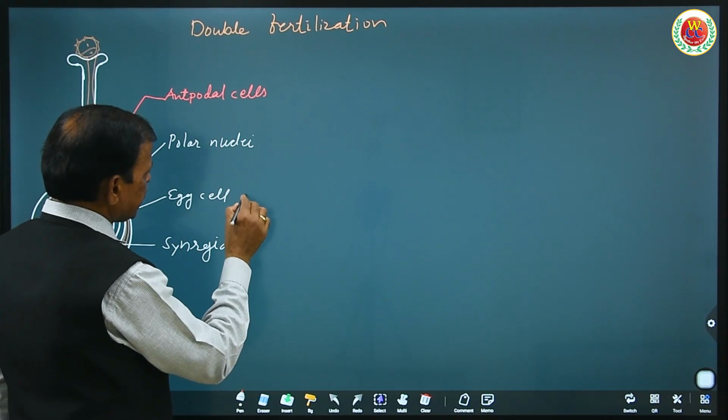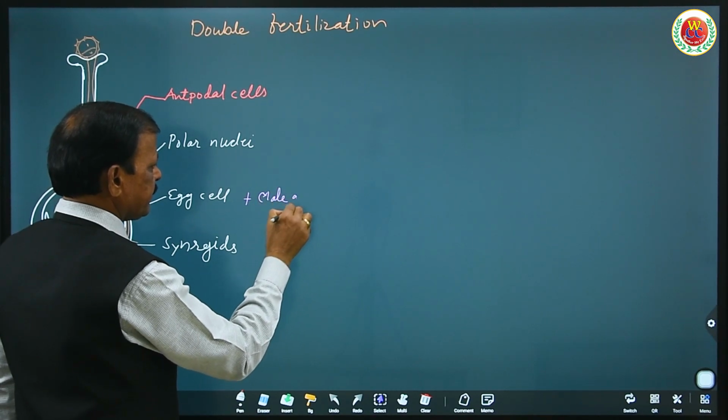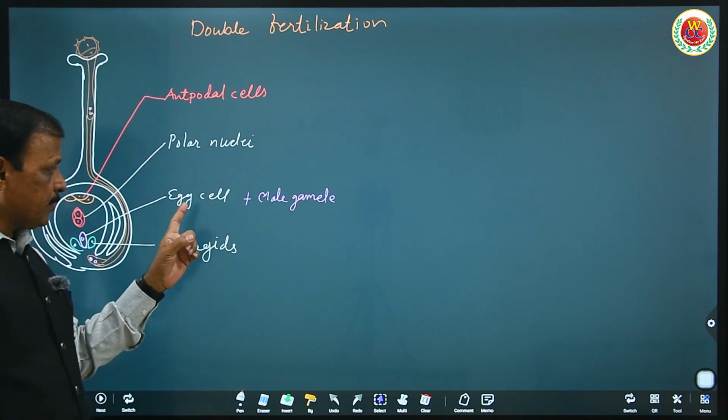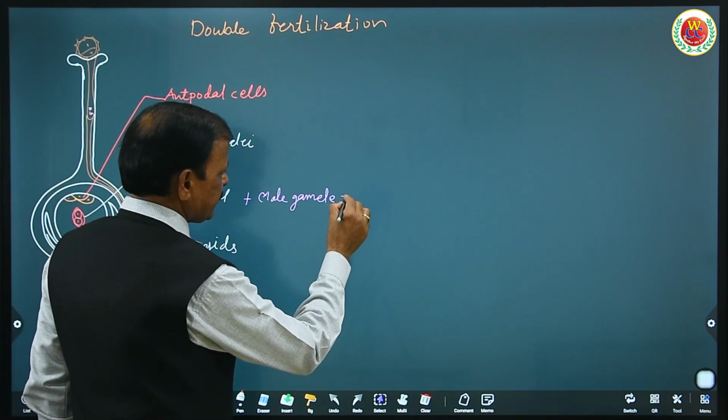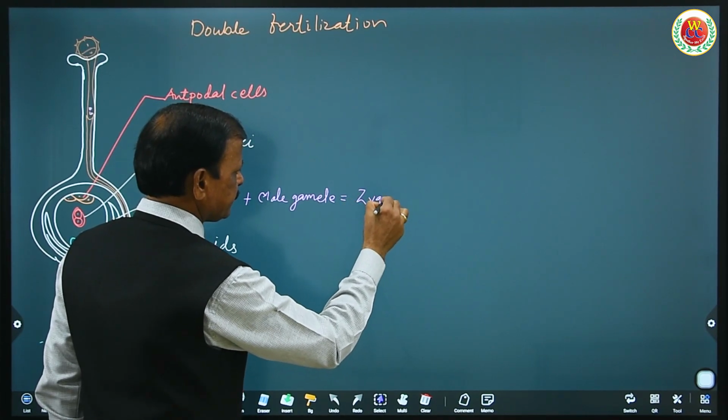So fusion of that male gamete with egg cell is known as first fertilization and form zygote.